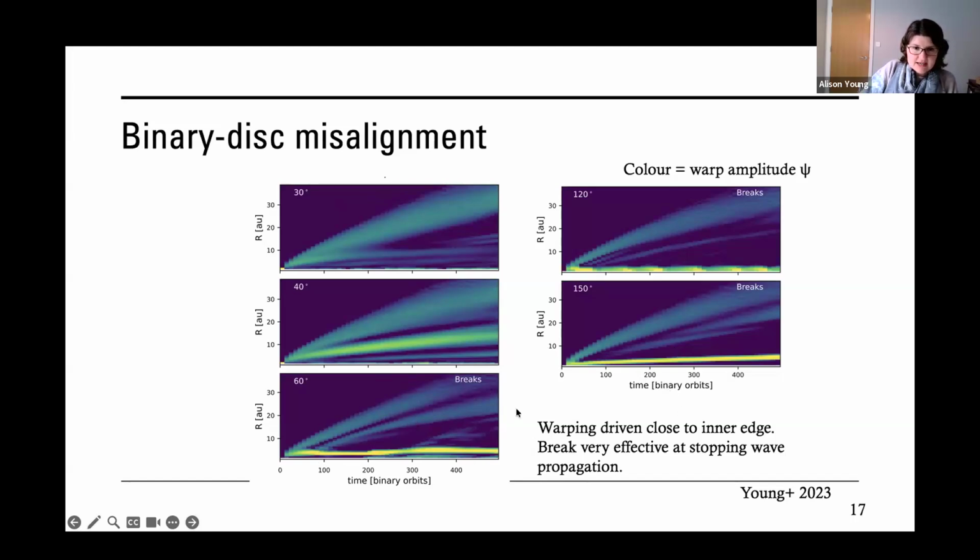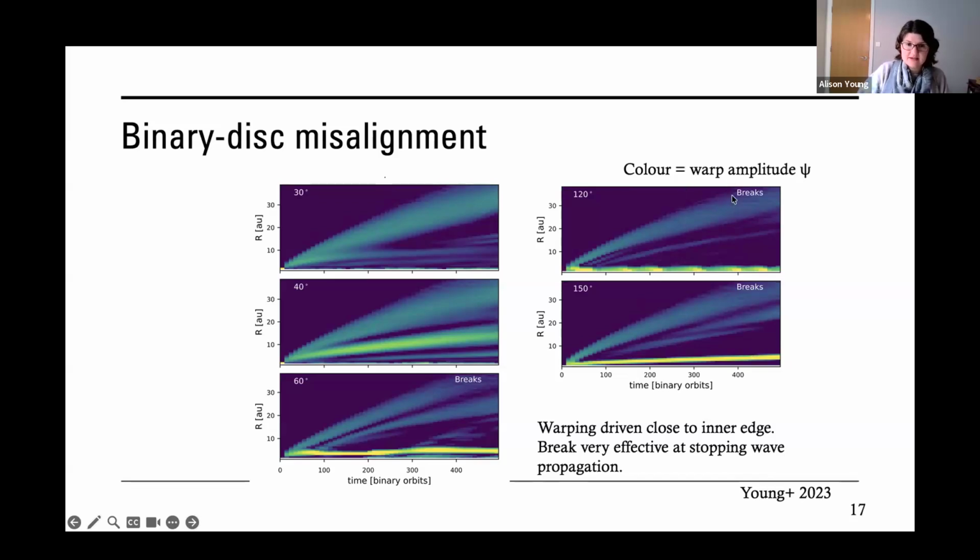And once we get a break, so in this one and these two here, it effectively becomes trapped. So the break is very effective at stopping the wave propagation through the disk. And once that happens, we basically see next to no warping outwards of that. And that's because the precession torque driven by those stars, the stellar orbits, drops off very quickly with radius.